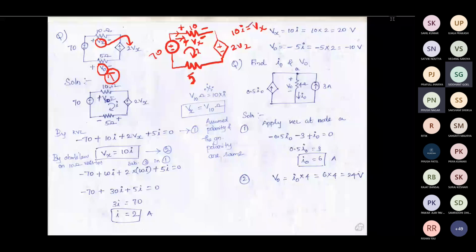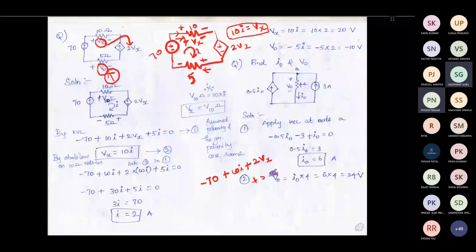Okay, now if you write the KVL equation for this, since the current is going to enter this terminal, you are going to consider this as positive, and you are going to consider this as negative. So if you write a KVL, it is going to be minus 70 plus 10 into I plus 2 Vx, because current is entering the positive polarity, plus 5 into I is equal to 0.